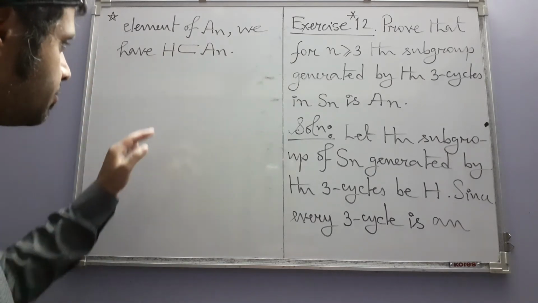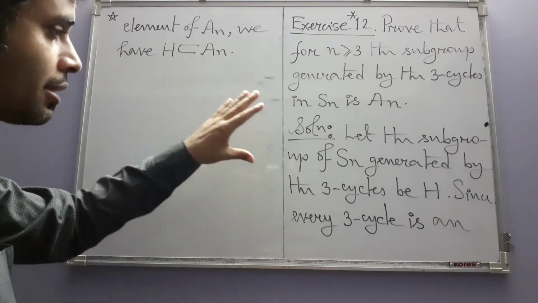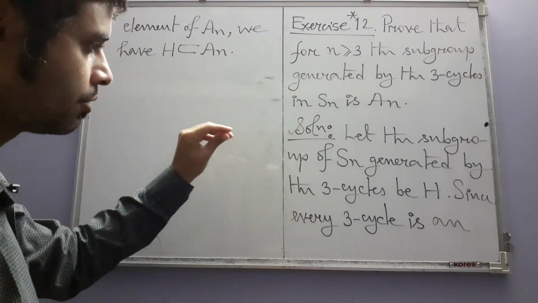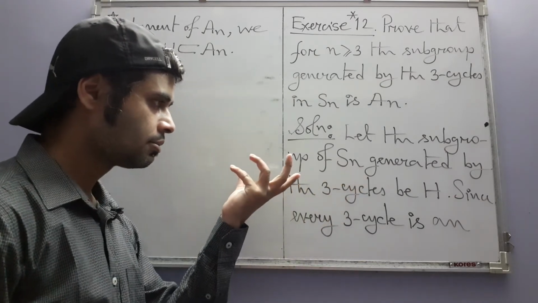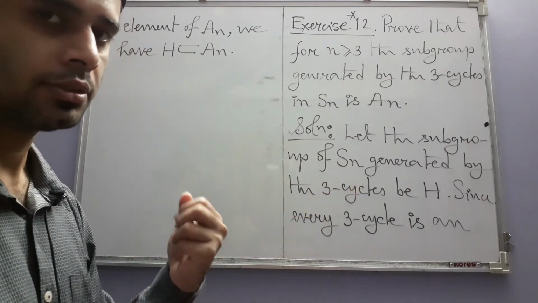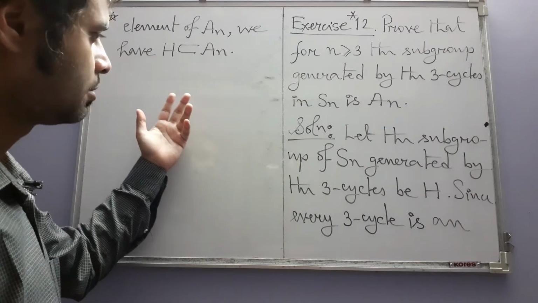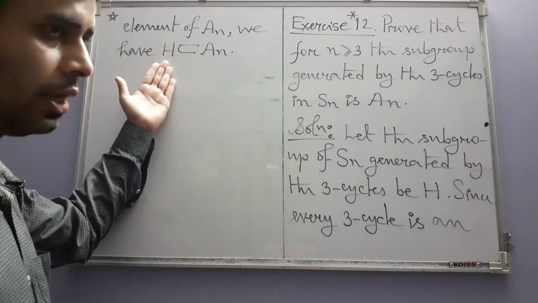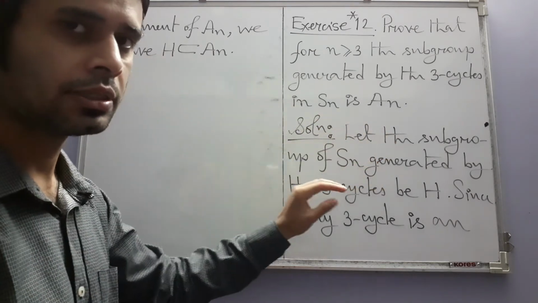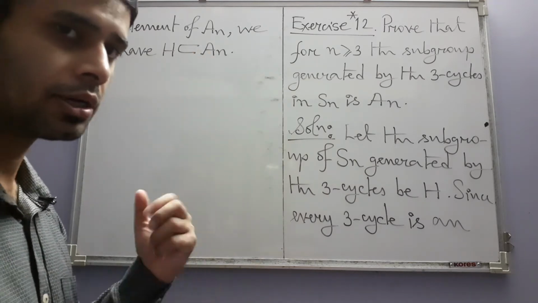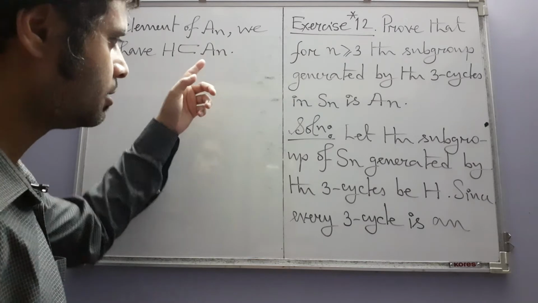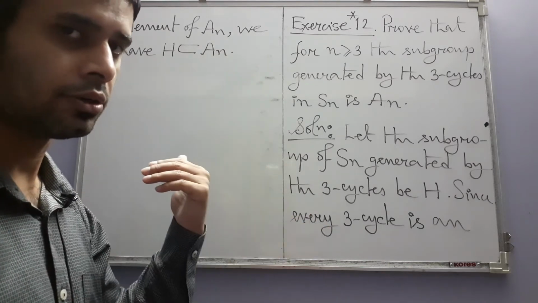That's because all the 3-cycles are in An, so An becomes a subgroup of Sn containing the set consisting of all the 3-cycles. So the smallest subgroup H containing all those 3-cycles would naturally be contained in An. H is the smallest such subgroup, whereas An is any such subgroup containing all the 3-cycles.